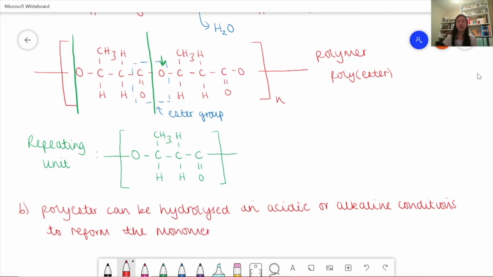And this is because of this polar C double bond O bond. So we have carbon, which is delta positive, and it's bonded to this oxygen, which is delta negative, and so it can be hydrolyzed. And this makes it biodegradable.